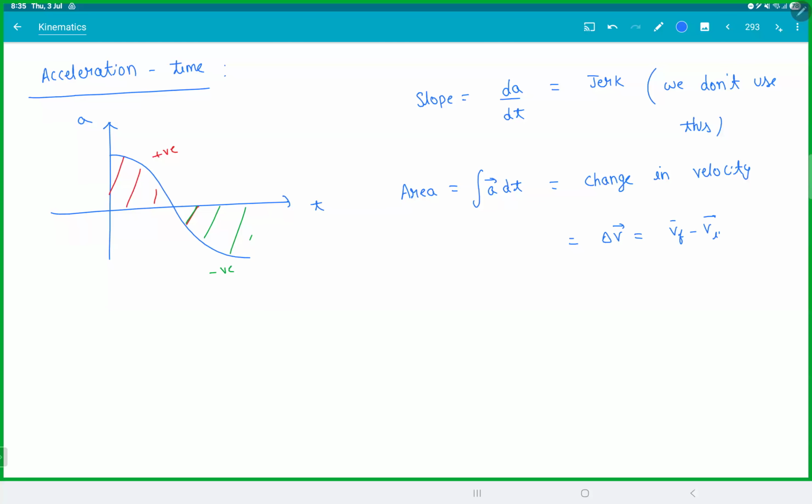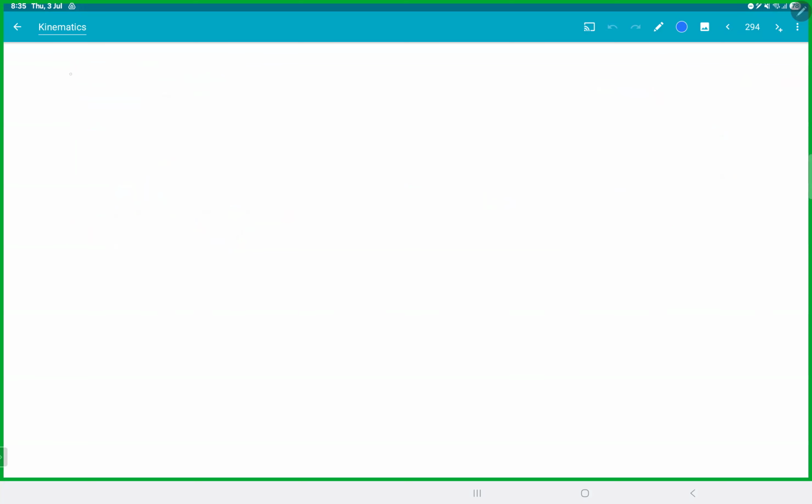Then we have the other two graphs. Let's see them also. So this is an AT graph. Others, keep your cams on. The other two graphs are acceleration position graph.